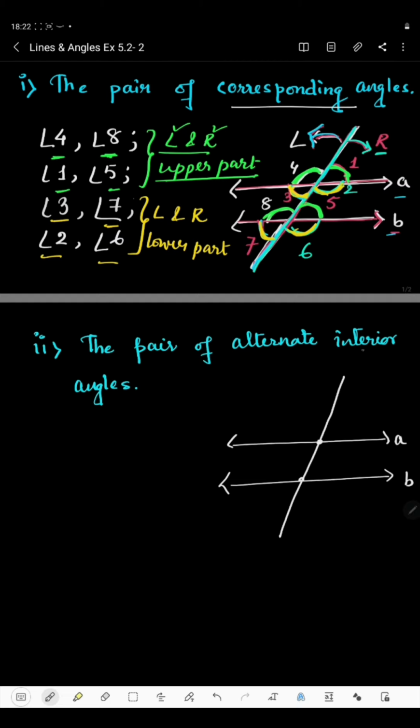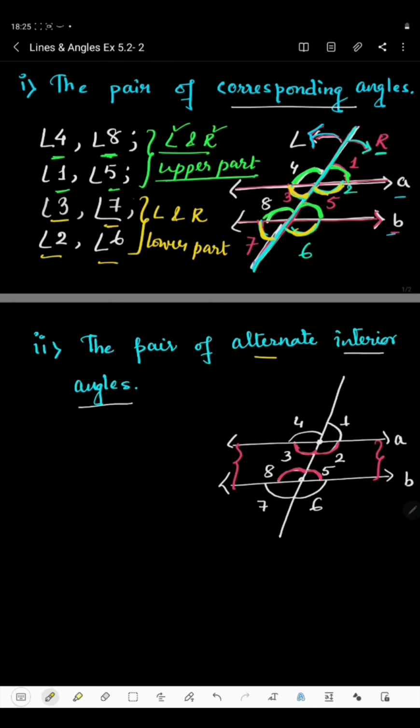Now at first you need to know what are interior angles. So here interior means inside. So which angles are inside of this diagram? It's angle 3, angle 2, angle 8 and angle 5. So these four angles are interior angles because this is inside, okay.